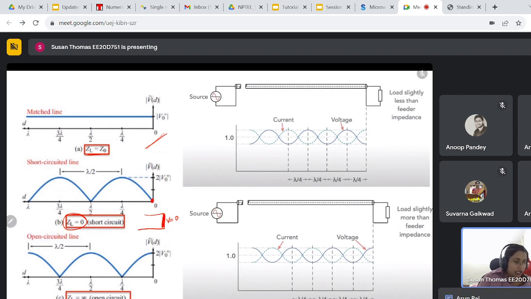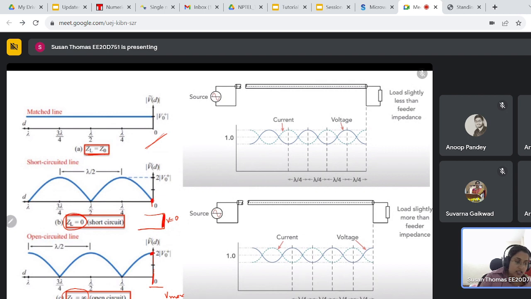And if you look at the open circuit line, that means when ZL is infinity, all of you know that the voltage is maximum but the current is 0. So there will be a V max at the load end. This is representing the load end.